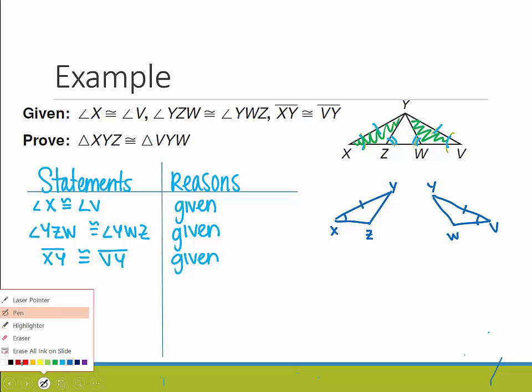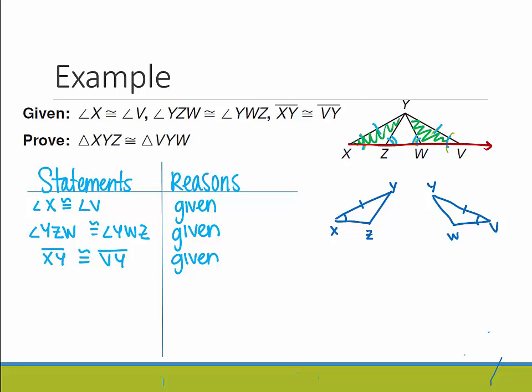So if we go back up to this big picture with all of them, this is a line. Even though they don't call it a line, because it extends through the bottom of there, we know that those degrees have to add up to 180. So we can use that to use this random piece of information they gave us about these two angles here. If angle Z and angle W are congruent, and I know that these angles over here make a linear pair, I can use that congruence theorem that we used the other day.